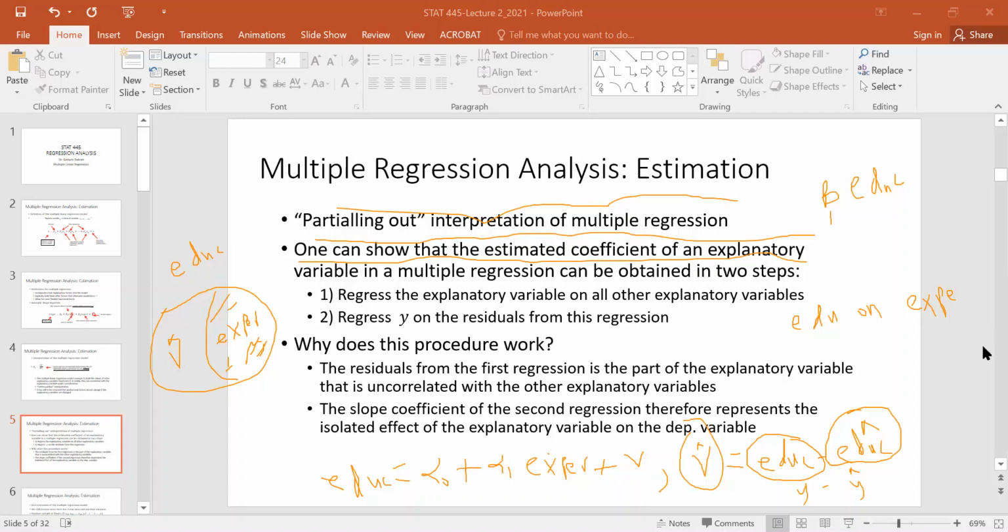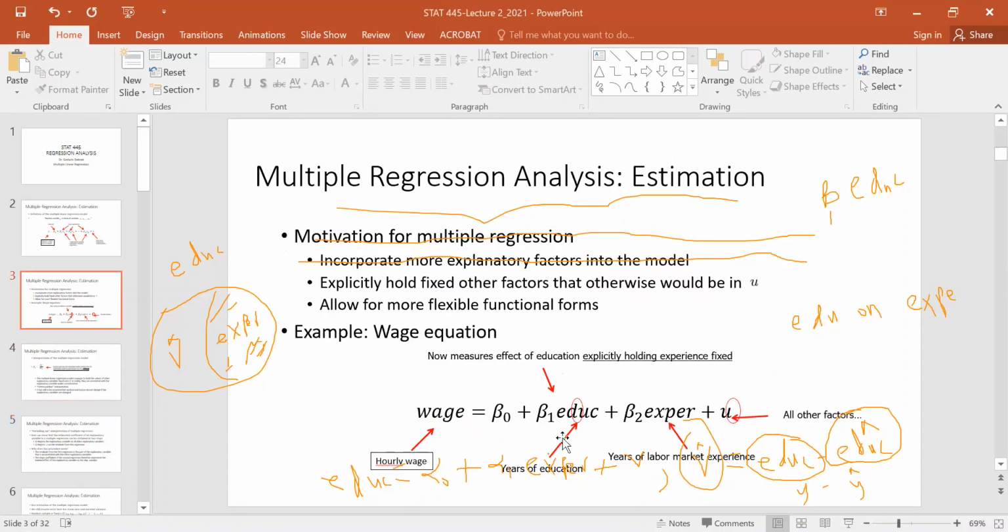That is the point, right? I want to estimate beta 1 hat, the impact of education on wage, but I don't want any part of experience affecting wage to be part of my result. I want entirely a clean estimate of only education. If experience is hidden somewhere or affects education somehow, I want to throw that off so that I'm very sure that it is actually the impact of education alone, not something else like experience having an indirect impact on wage through education.